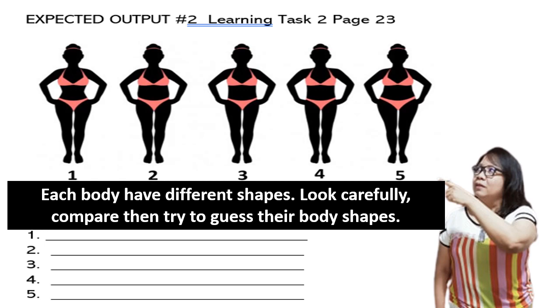Again, on the line after each number, you're going to write the shape of the body type. If you cannot identify the body shapes in this picture, the next slide will help you. So again, kung hindi ninyo maintindihan yung nasa picture na to at yung nasa activity sheet, tingnan yung next slide.